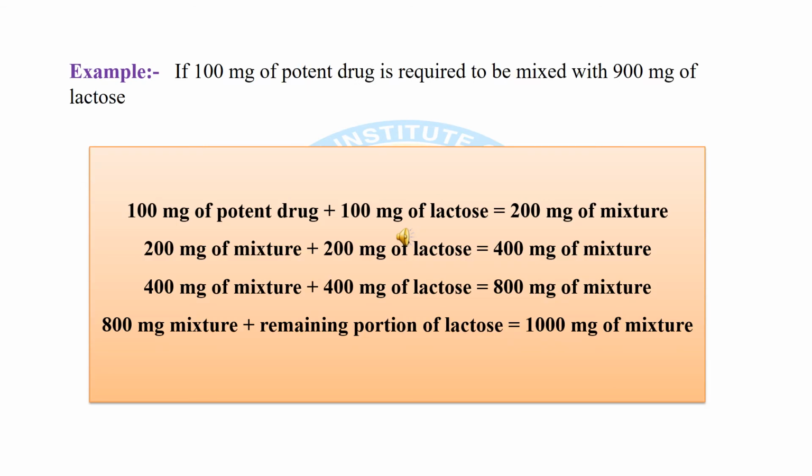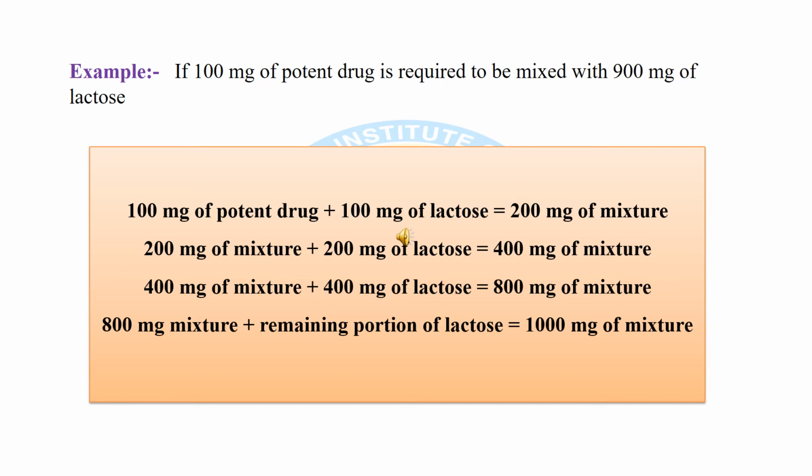To understand geometric dilution, we take an example. For example, if 100 mg of potent drug is required to be mixed with 900 mg of lactose, firstly we weigh the 100 mg of potent drug, add 100 mg of lactose in the mortar and triturate.